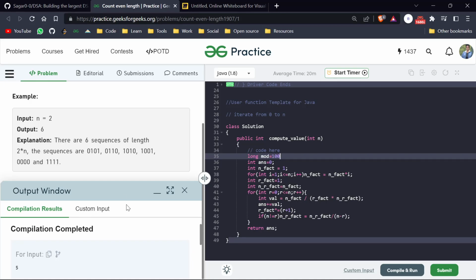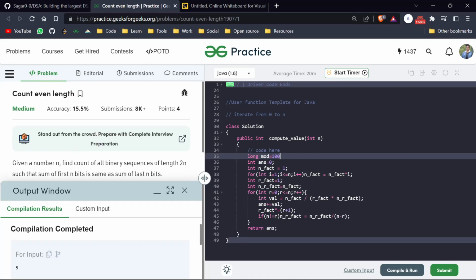I don't know why it is giving us wrong answer, but I will just check. 1, 2, 3, 4, 5, 6, 7, 8, 9. So we have to just use here long value so that we don't overflow our integer. So everywhere I will just use here long. I will just copy it.